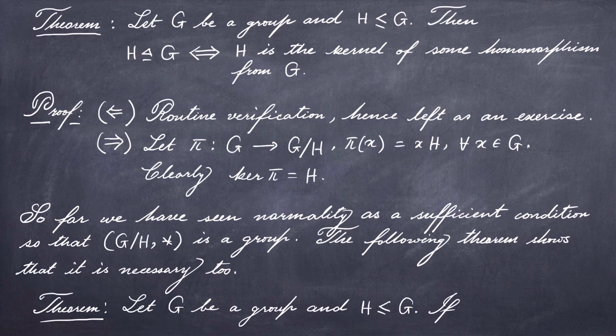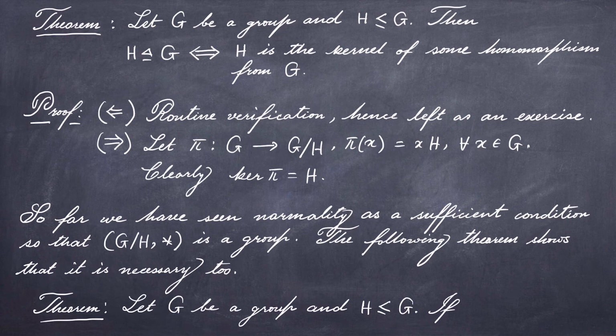Previously we saw that when the subgroup was the kernel of some homomorphism, then the star becomes a binary operation, and then the left cosets form a group.